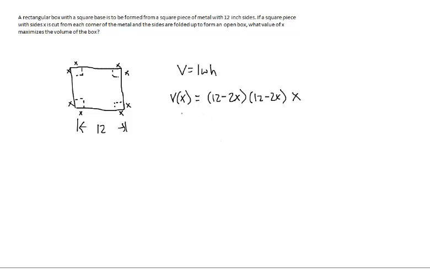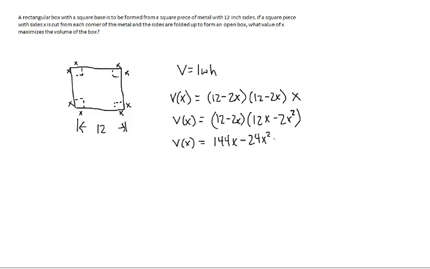And now we need to multiply all this together. So we have V of x is equal to 12 minus 2x times 12x minus 2x squared. And now I'll multiply those two terms together. So V of x is equal to 144x minus 24x squared minus 24x squared plus 4x cubed.